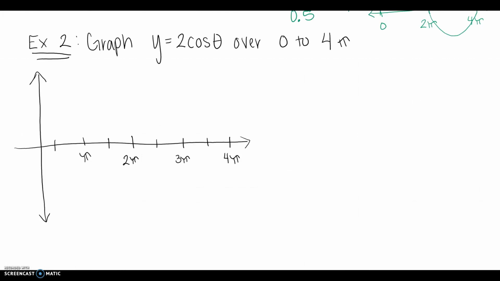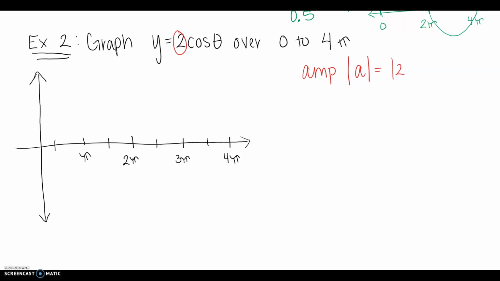Okay, so now we're going to look at a cosine one, and remember it's the same idea. It's just going to start at the higher point rather than at 0, 0. So I said to graph it 0 to 4 pi. Okay, amplitude, same idea.